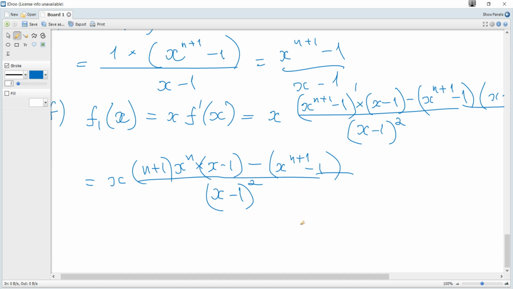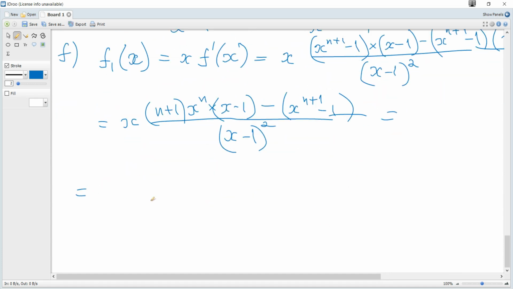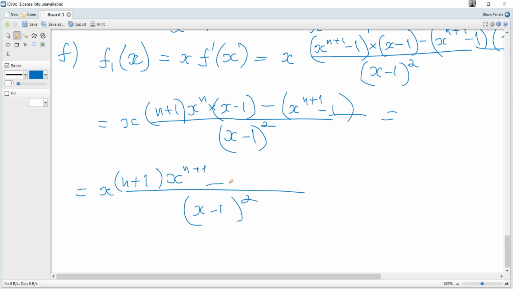And we need to simplify it to get the expression as required. It becomes x minus 1 squared in the denominator, and in the numerator n plus 1 x to the power n plus 1 minus n plus 1 x to the power n, just expand these parentheses, minus x to the power n plus 1 plus 1.